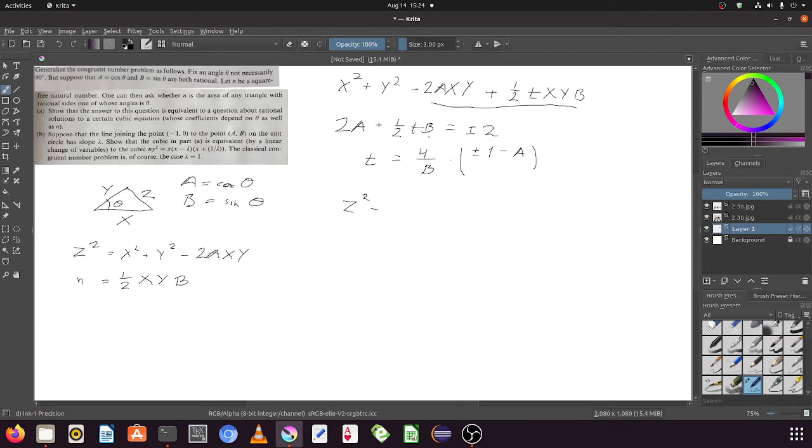So we add half tb, now what was that? Oh, that we added tn. So we added tn equals x plus minus y squared.